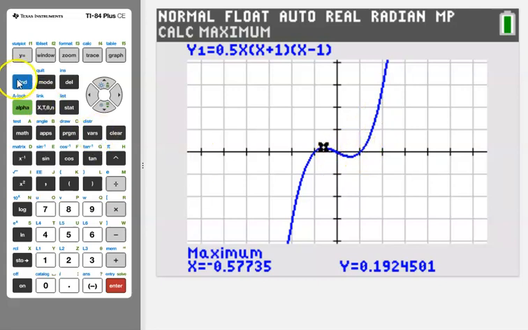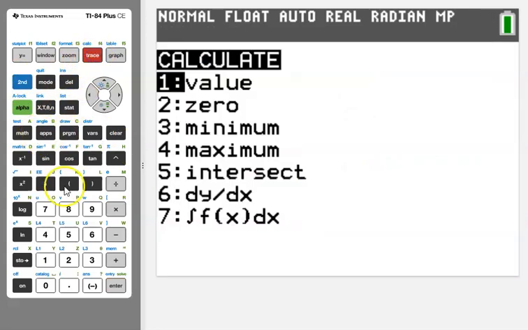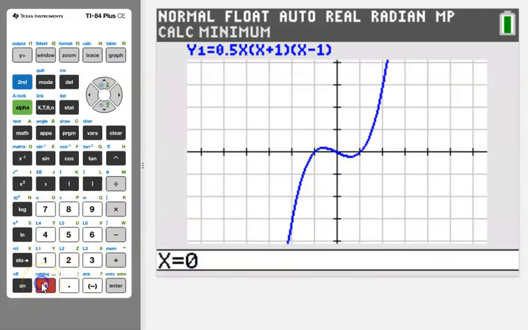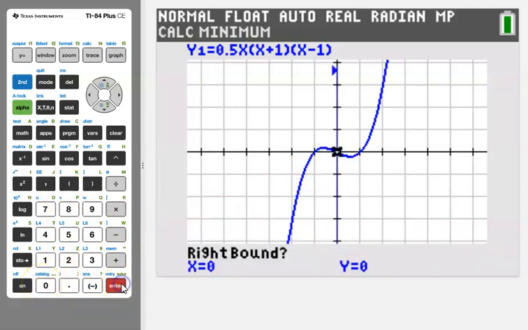So let's find it. Second trace minimum is 3. Now, instead of placing my cursor at 0, I'm going to type 0, enter, and it's going to set that for my left bound. You see how that triangle is up there? And then instead of moving my cursor with my arrows, I'm going to type 1, enter, as my right bound.